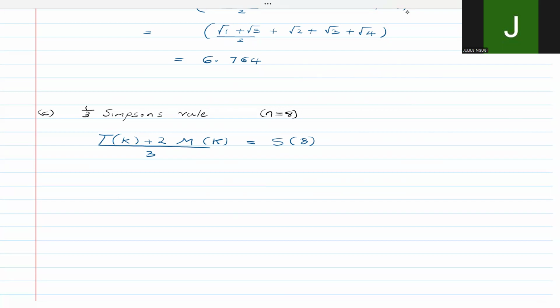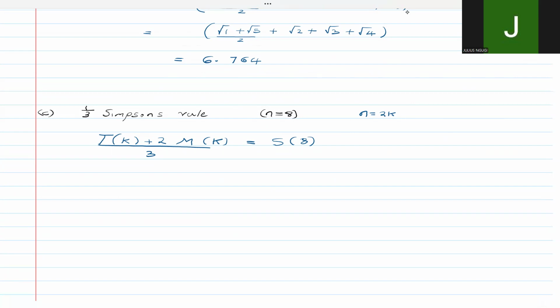We usually use this when n is greater than or equal to 2, and it has to be even. So n has to be equal to 2k. In this case, k equals 4.